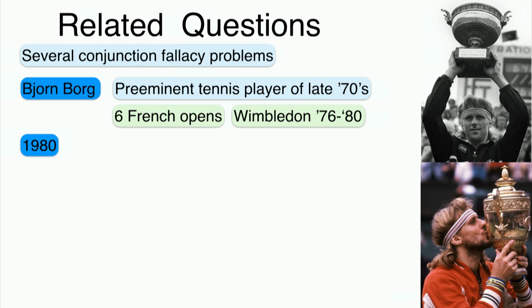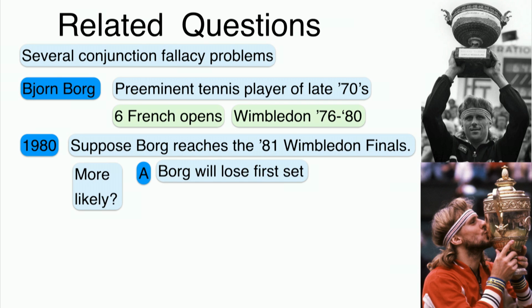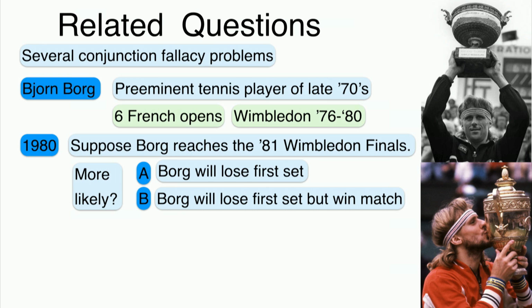And so Tversky and Kahneman conducted this research in 1980, just after he won the 5th one. They asked, suppose that Borg reaches the next year's, 1981, Wimbledon finals. Which one is more likely: that Borg will lose the first set, or that he will lose the first set but win the match?